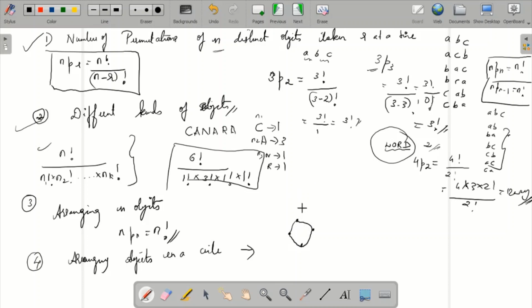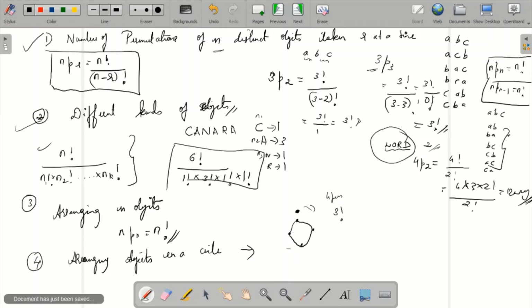Imagine this is a circle. If you take clockwise it is this way, anti-clockwise it is the other way. Let us consider clockwise, arranging 4 persons. Then I'll fix 1 person over here itself. The remaining I should arrange. How many are remaining? 3. So 3 factorial ways I can arrange this, because this person is fixed.